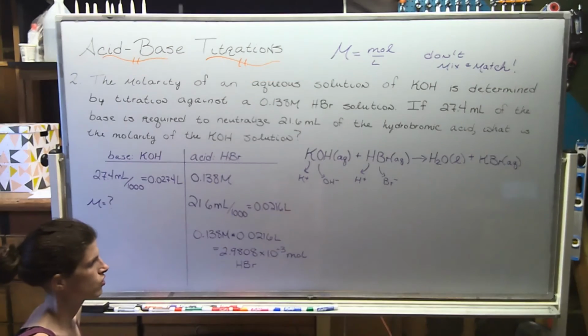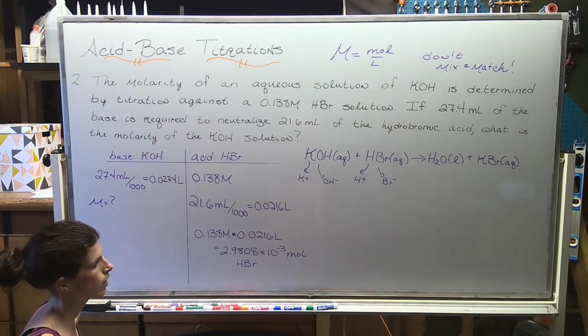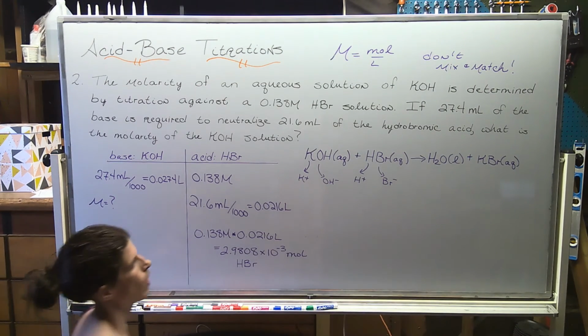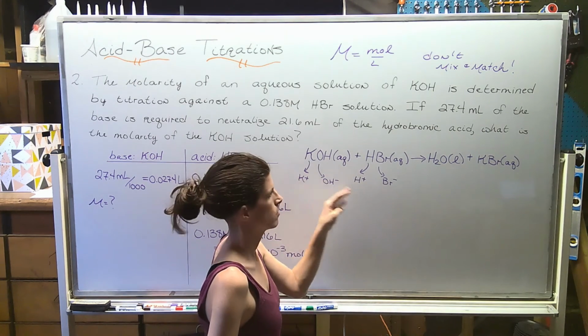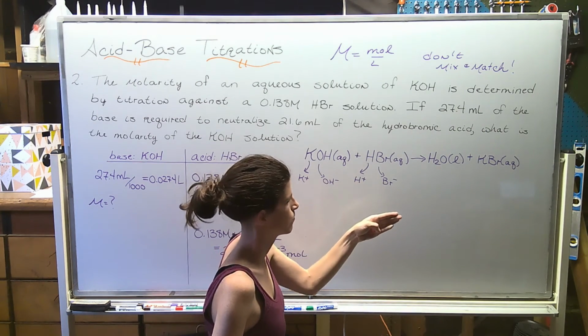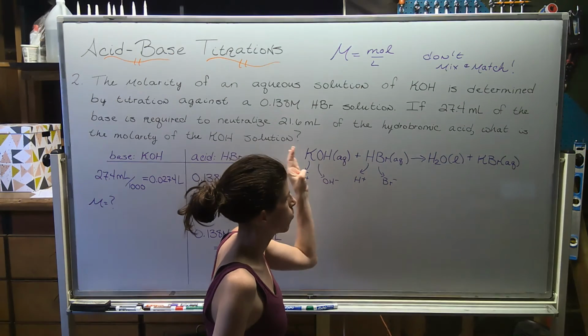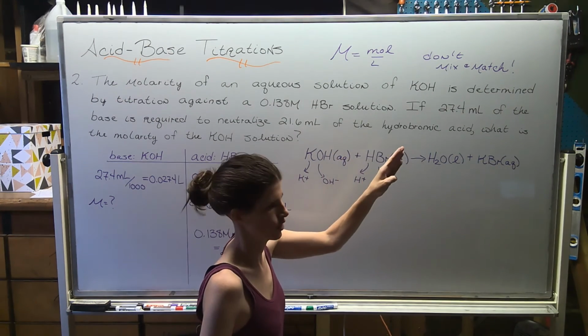Eventually you'll be able to work these problems a little bit quicker. One thing that I'm recognizing from this equation, because it's balanced as is, it's a 1 to 1 to 1 to 1 ratio.